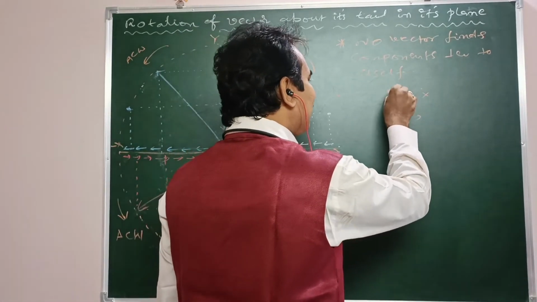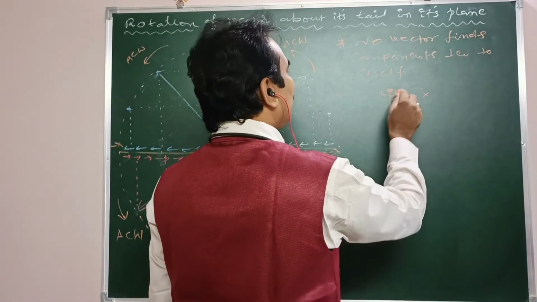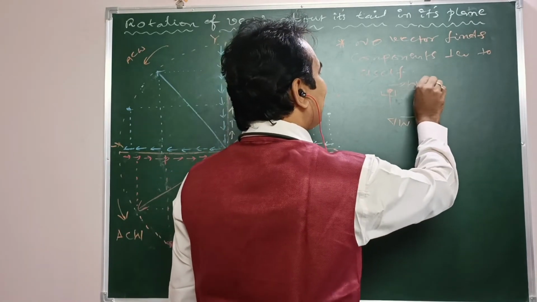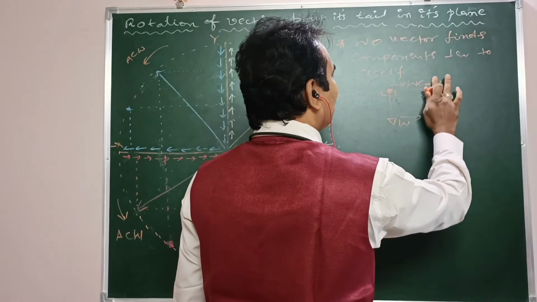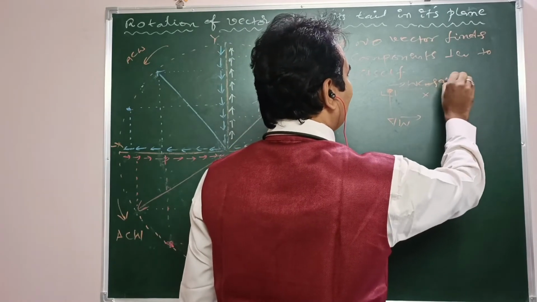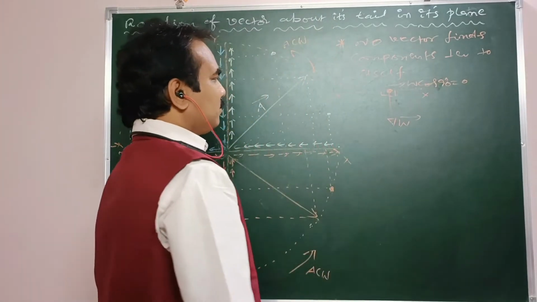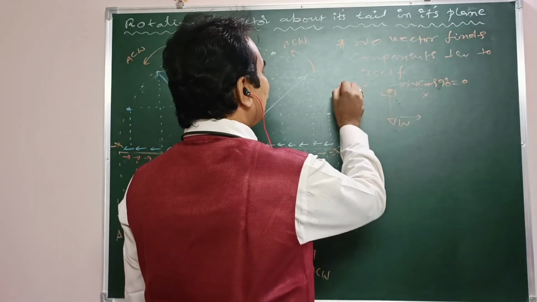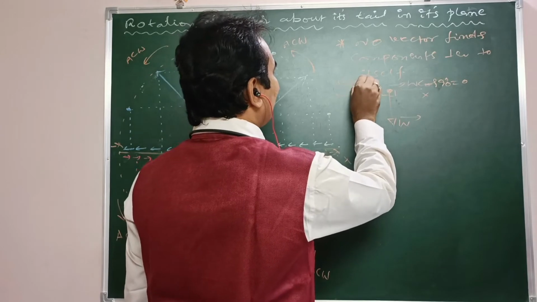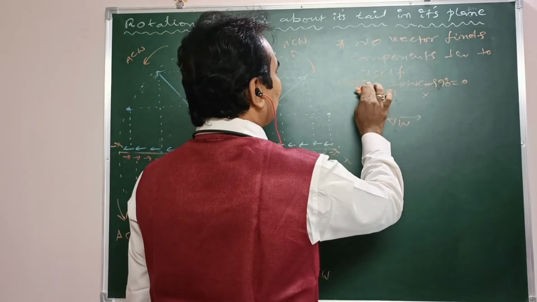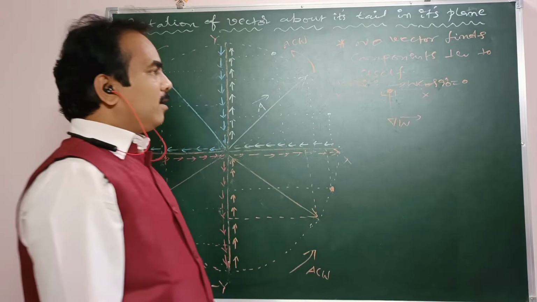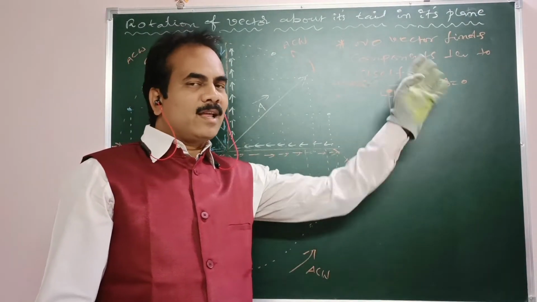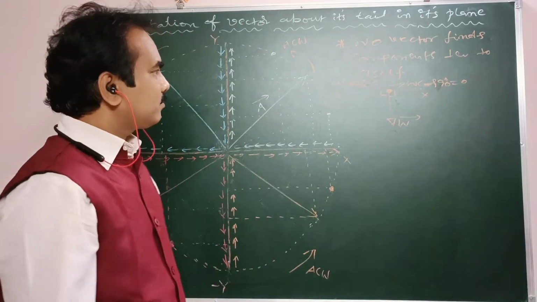Yes, this is 90 degrees. Here also 90 degrees. Now, its component along the x-axis means W cos 90. Cos 90 is 0. What about its component along negative x? Again W cos 90, that is equal to 0. Right? No vector finds components perpendicular to itself. Okay. Next point.